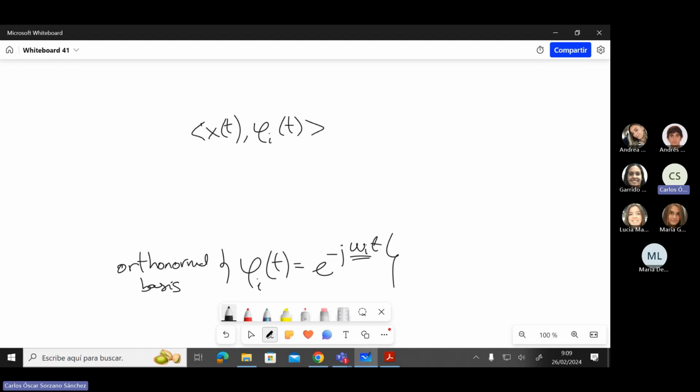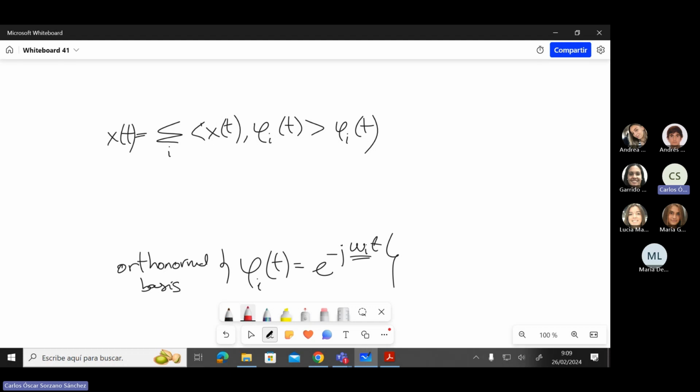And then I have to sum over all my elements in my basis. So this has the same structure as we had before with vectors.